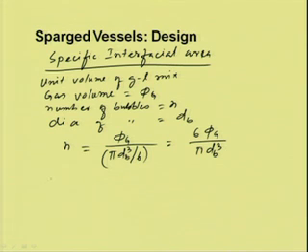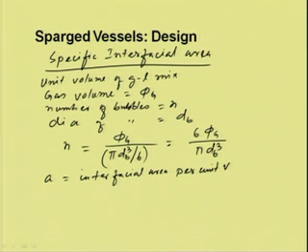And if we consider A is the interfacial area per unit volume, then N is equal to, we can write, A by pi dB square.